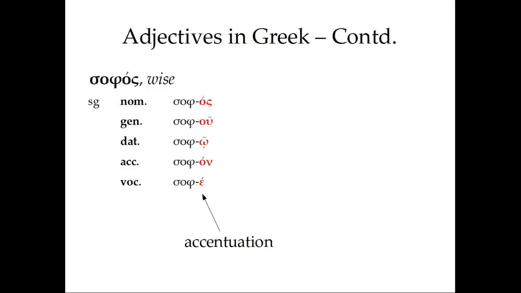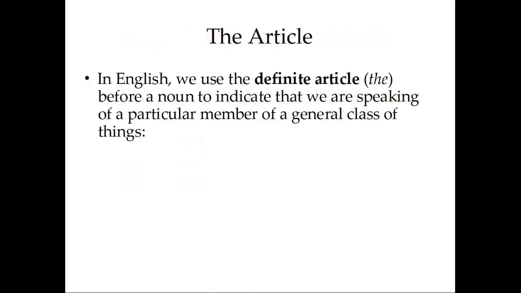For more about this, you can look at the handouts on accentuation. So these are the singular forms of the adjective in the masculine. We have not yet learned how to say that a woman is wise, or that a deed, for instance, is wise. That would be in the neuter.